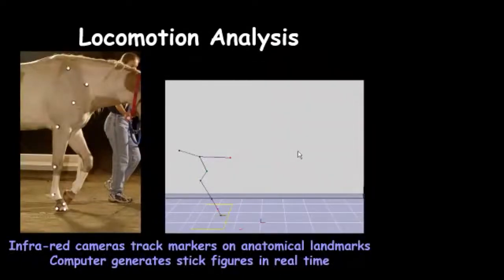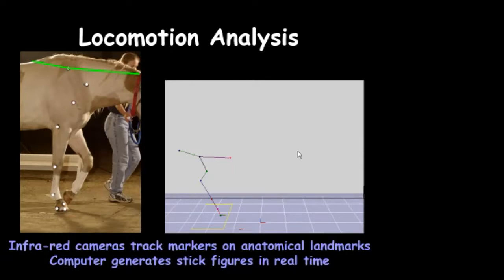Now, when I do my analysis in the lab, I use a motion capture system in which we apply reflective markers to the horse's body, as you can see on the photo on the left. And these markers are applied over specific anatomical landmarks. Many of those are the centers of rotation of the joints.